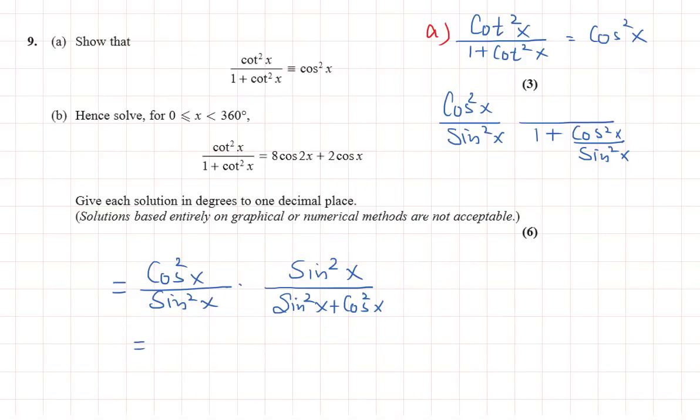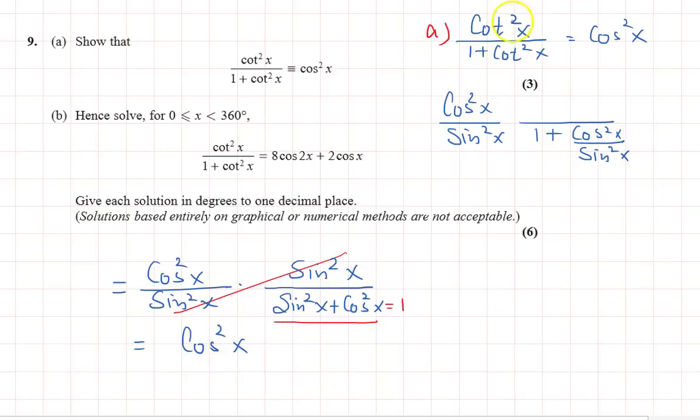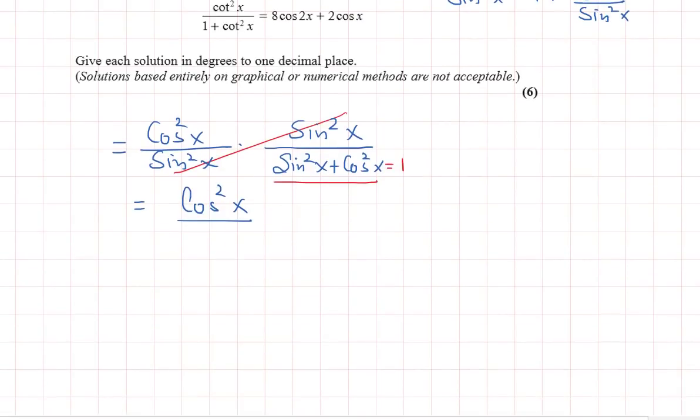So sine square x and sine square x cancel, and sine square x plus cos square x is equal to 1. So the left hand side is equal to the right hand side, that is cos square x.